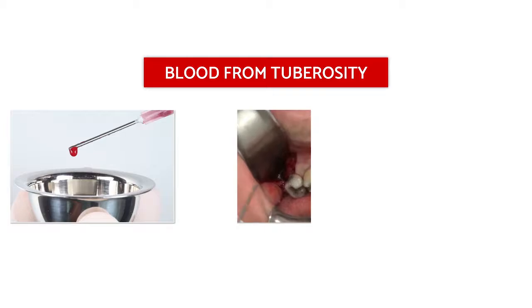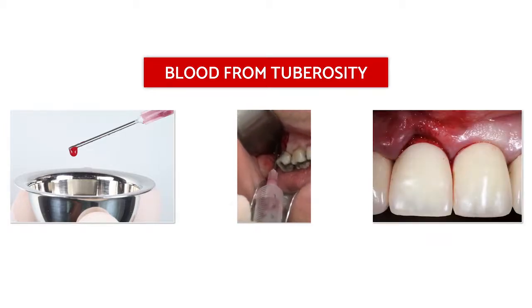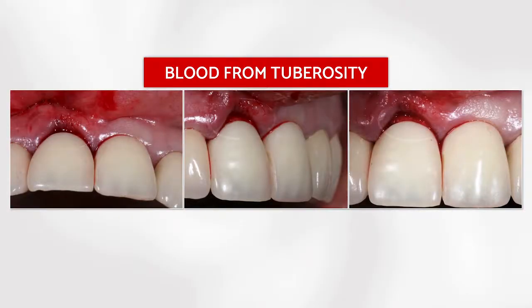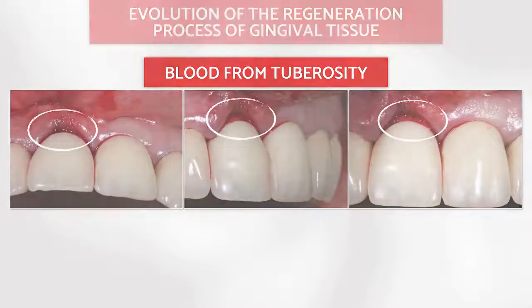We collect blood using a syringe, and we inject this blood in order to fill completely this area from the gingival margin position to the cervical area of this provisional restoration, as you can see through these pictures, from the frontal view, side view, and the occlusal view. And we wait for 5 minutes until we got the blood clot. That was the right moment that we send the patient home.